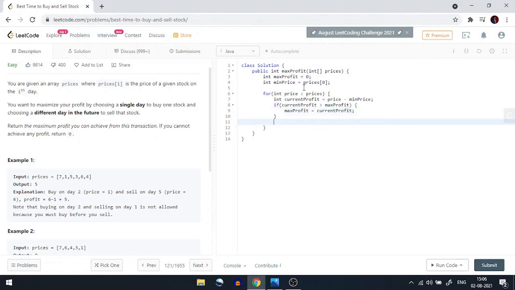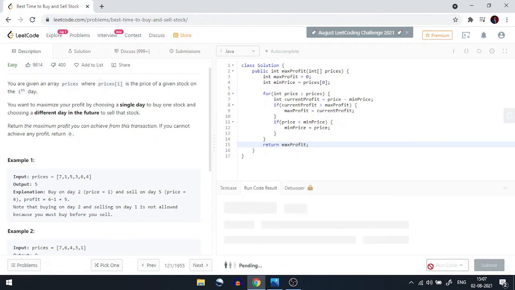Okay, and the second condition is if the price, whatever value we have, is less than minimum price, we will update that also. So minimum price will become that price. Okay, this is it, I think, and at the end we will return maximum profit. This is the code. That's it.